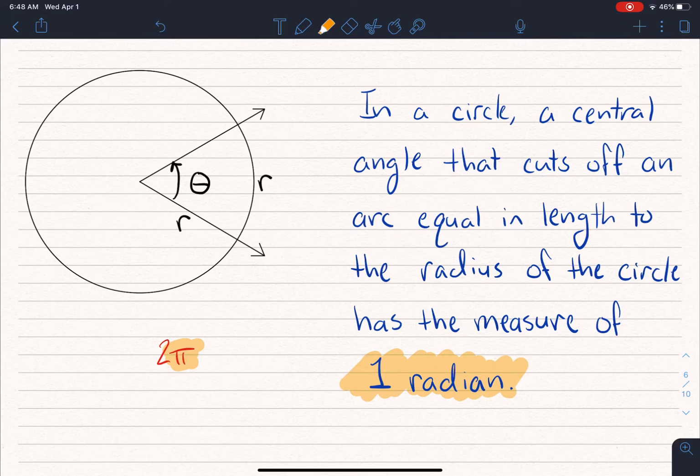Our book once in a while did problems with 3 radians or 4 radians, but those were rare, because 1 radian is actually equal to something like 57.285... some crazy angle.